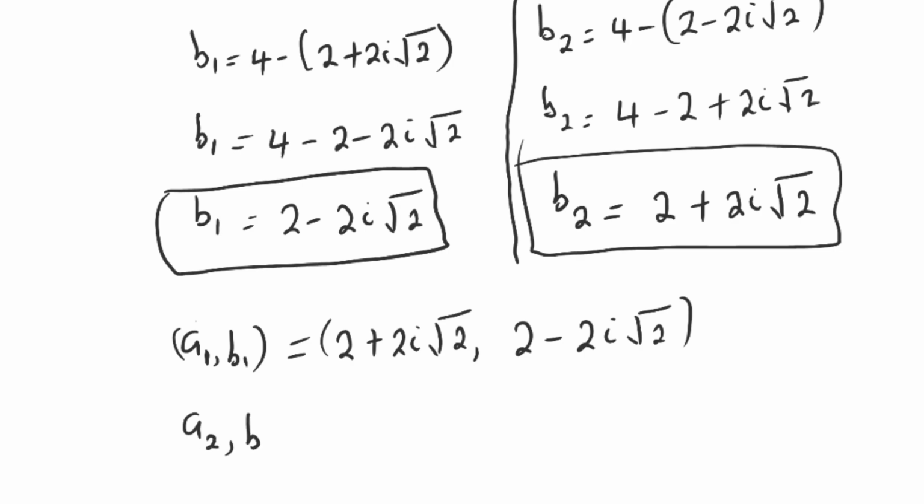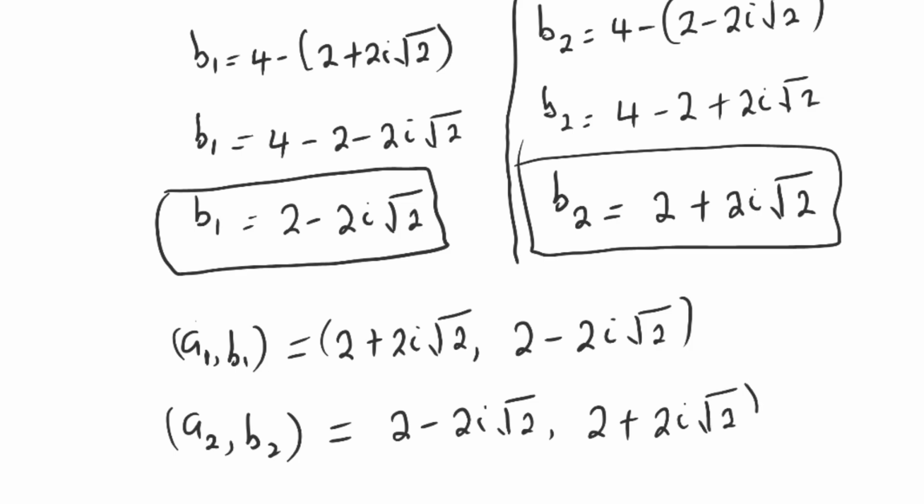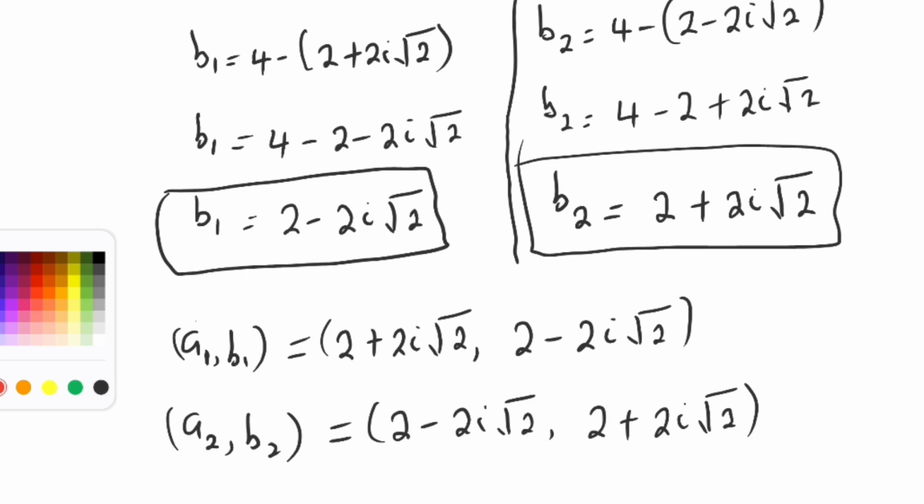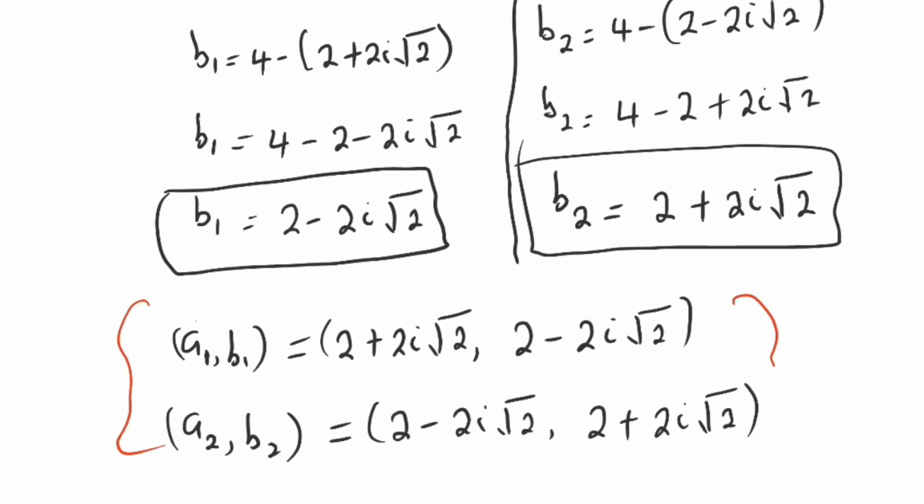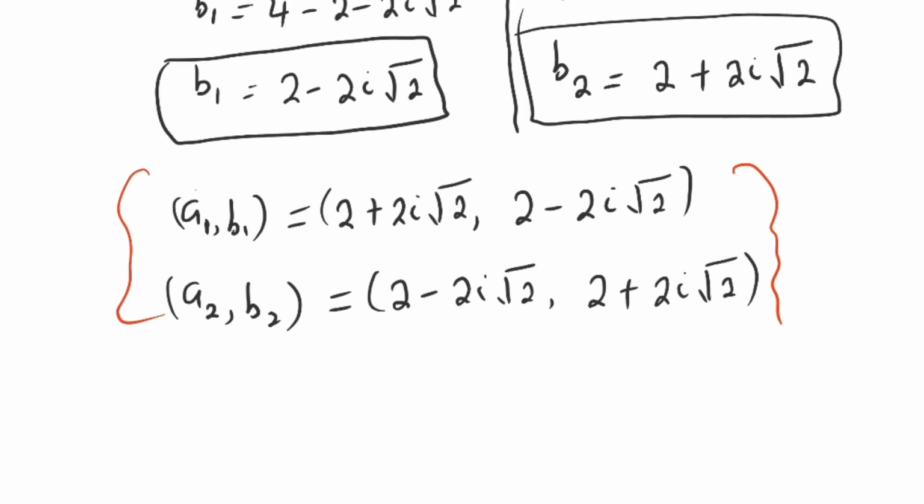A2, B2 is equal to 2 minus 2I root 2, 2 plus 2I root 2. These are the final answers. We may check to confirm if this answer is right or wrong. Let's check.